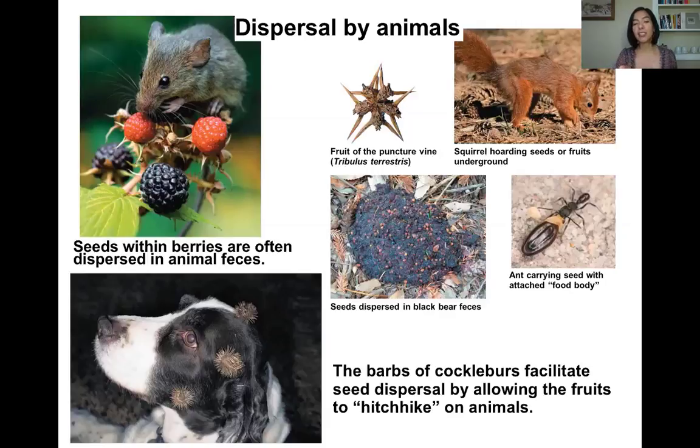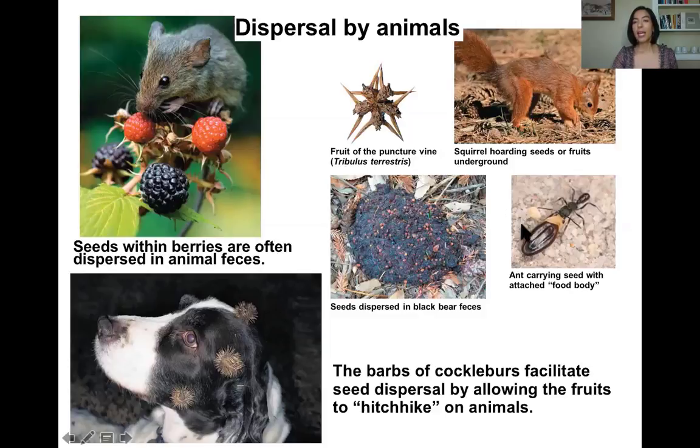If you have dogs and you walk around with your dog, you probably know what I'm talking about. Or sometimes we carry these types of fruits in our pants or in our socks, even our shoes. They get attached there.